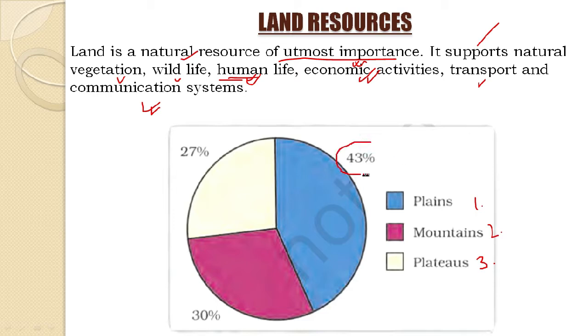Plains occupy 43% of the land surface, 30% of the earth's surface is occupied by mountains, and 20% of the earth's surface is occupied by the plateaus. So this is the broader division and the percentage share of these different types of land resources on the surface of the earth.